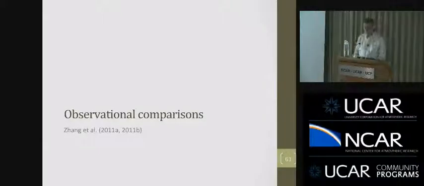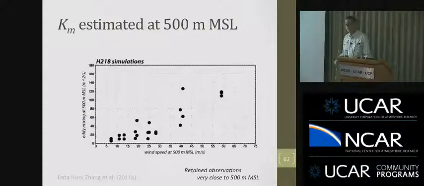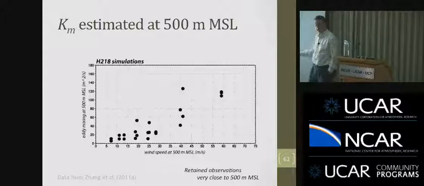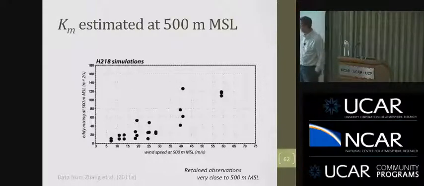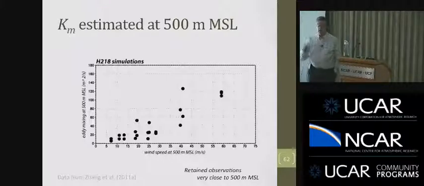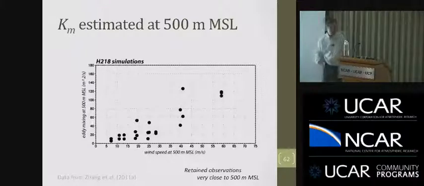Okay, so let me finish up with some observational comparisons. I'm going to compare two results from two papers written by Jun Zhang and his collaborators. So you've seen this plot several times during this presentation already. Wind speed versus eddy mixing. The black dots are derived from Jun Zhang's observations.